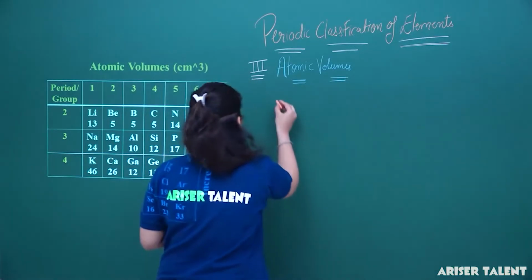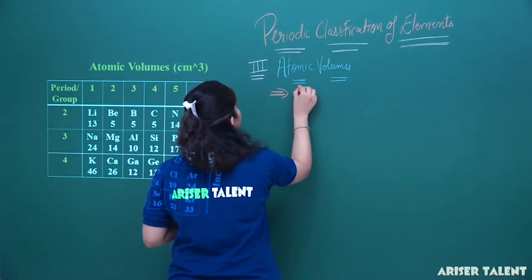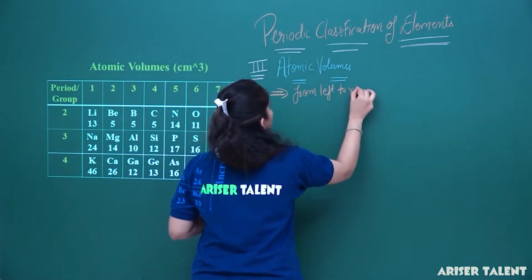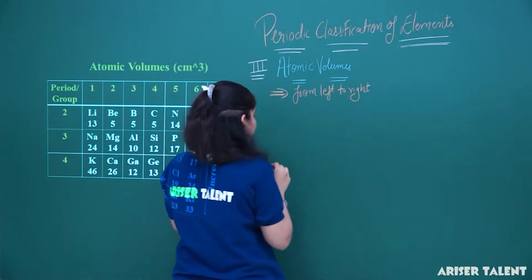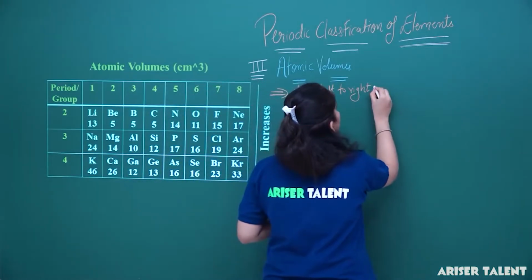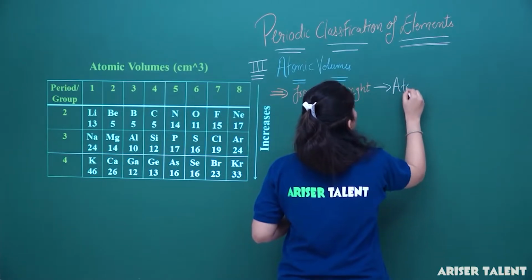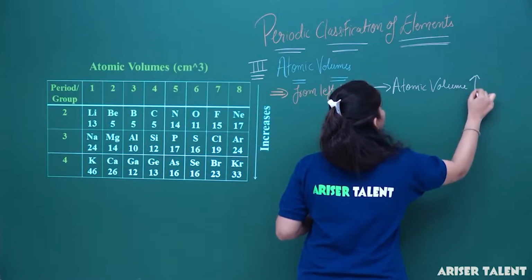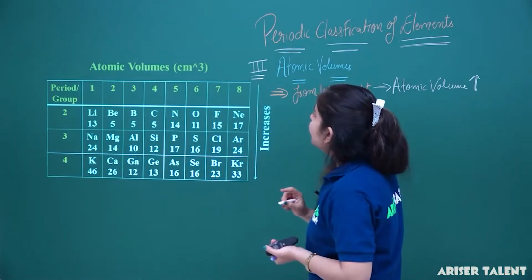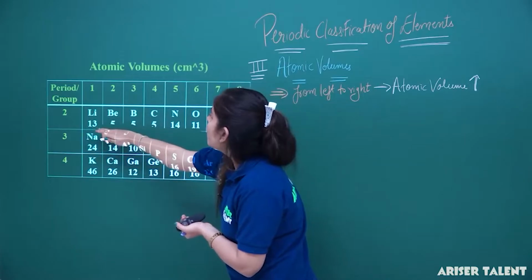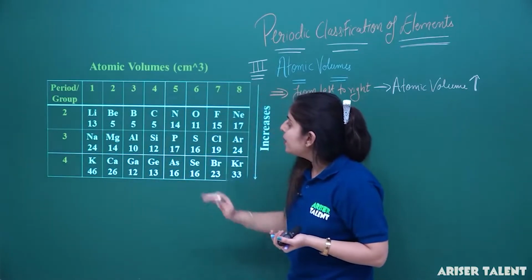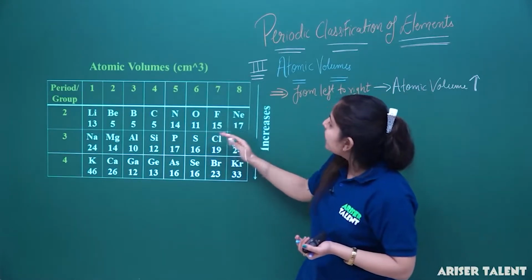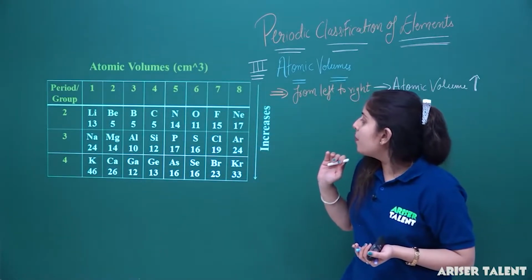So what points do we have to consider here? From left to right in the periodic table, atomic volume is going to increase. But what trend is it following? It is lowest in the first part, then in the middle part it decreases or somewhat increases, and then it again shows the trend of increasing atomic volumes.